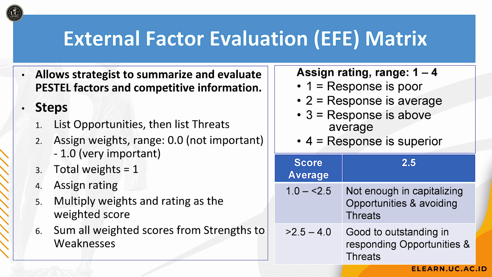An average score from 1 to below 2.5 means that the company doesn't have enough effort in capitalizing on opportunities and avoiding threats. Whereas a score above 2.5 up to 4 means that the company has a good to outstanding response towards opportunities and threats.